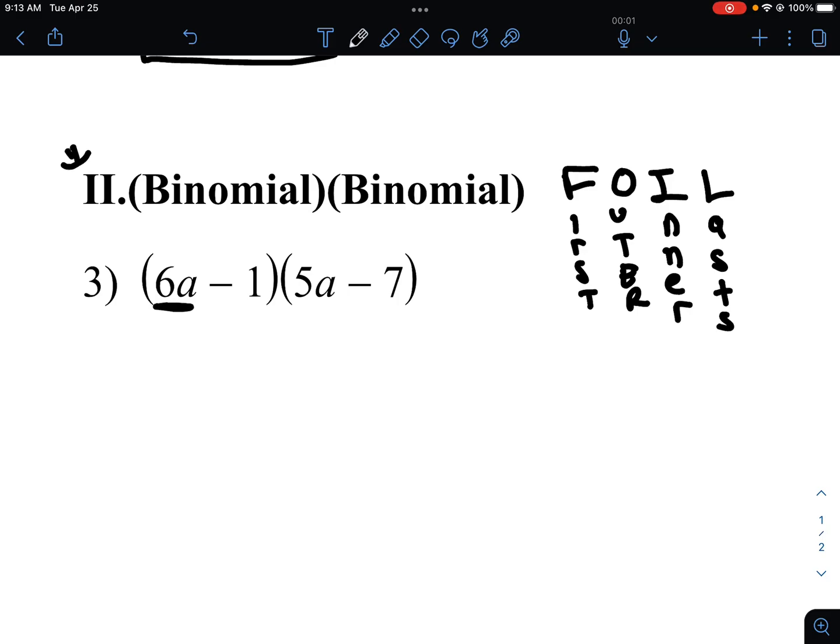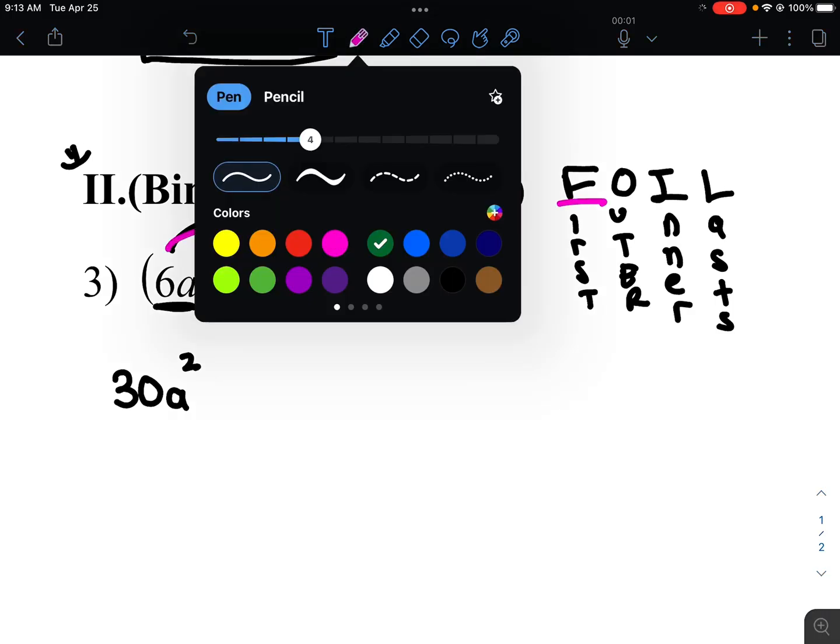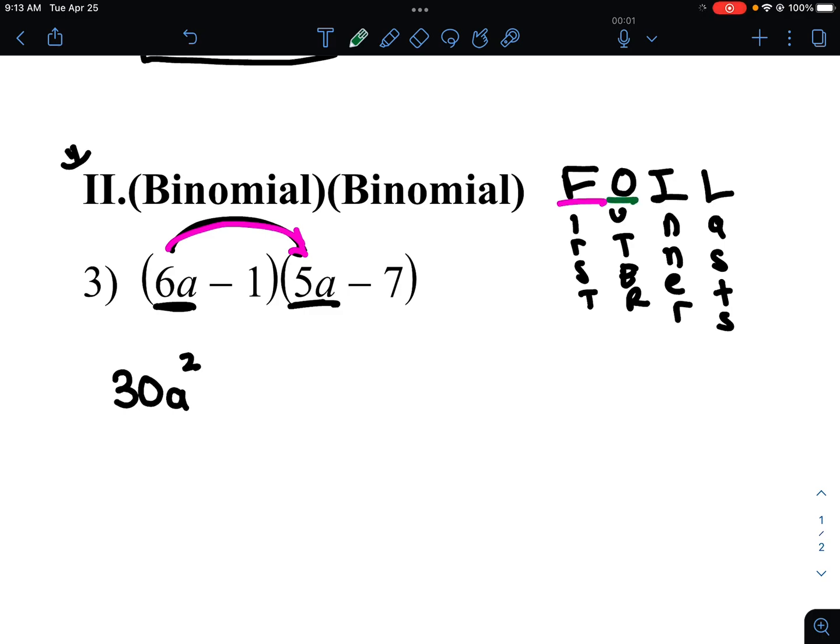You're going to look at these two binomials and think of 6a and 5a as the firsts. And when we multiply those, we are going to get 30. A times a is a squared. So I'm going to use different colors here to label those out. That was the firsts. Then we are going to multiply the outer terms. These are the outers, 6a and negative 7.